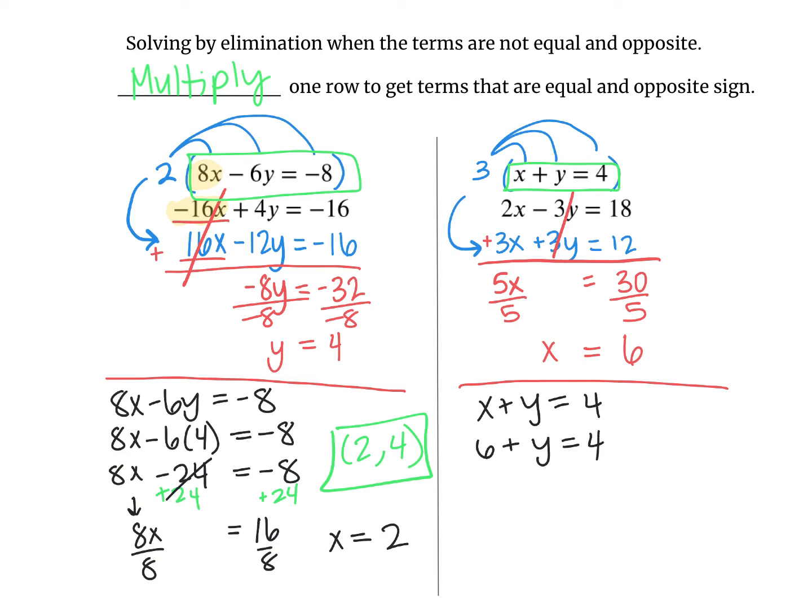So now I solve for y by subtracting 6 from both sides, and we get y equals negative 2. So now I have a 6 for x, I have negative 2 for y, and so I put those together for my solution. 6, negative 2.